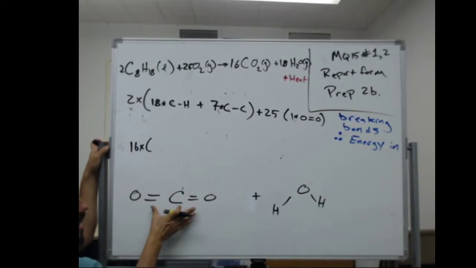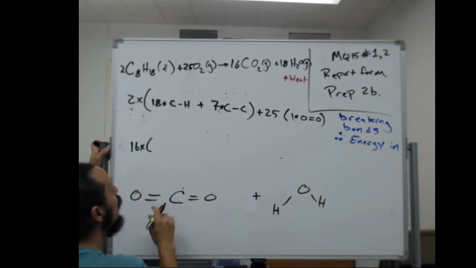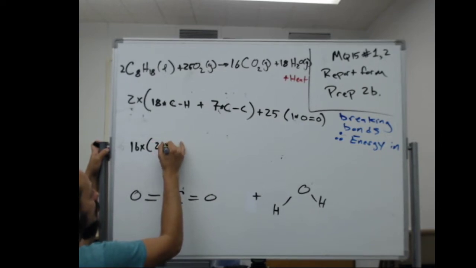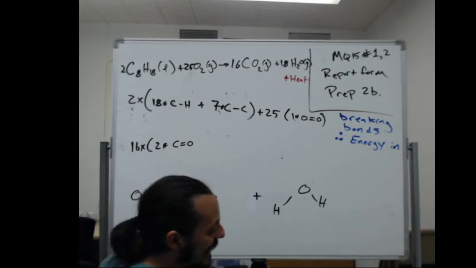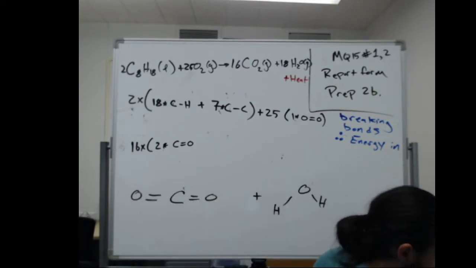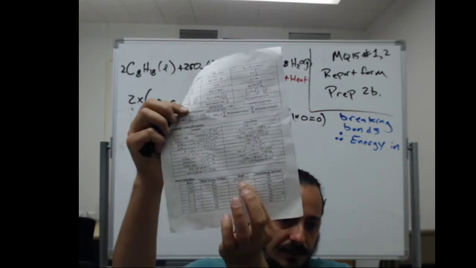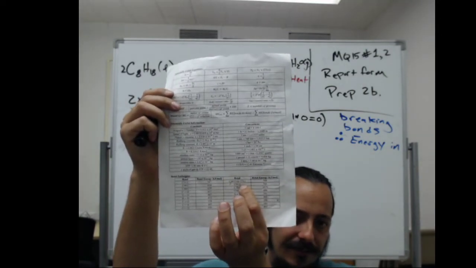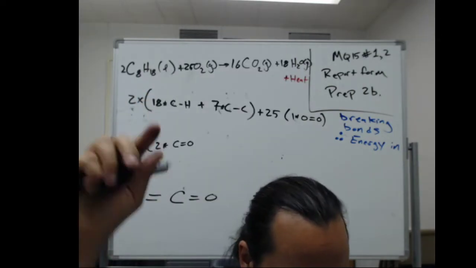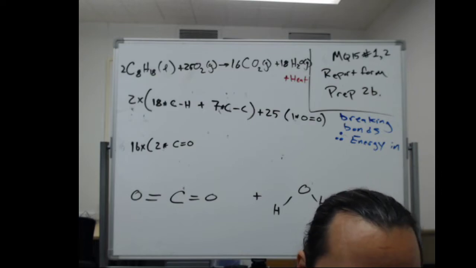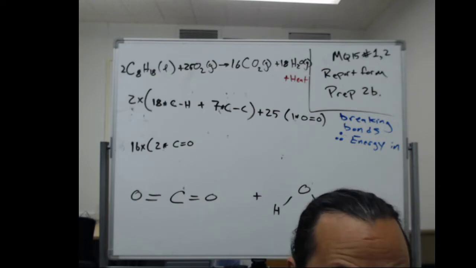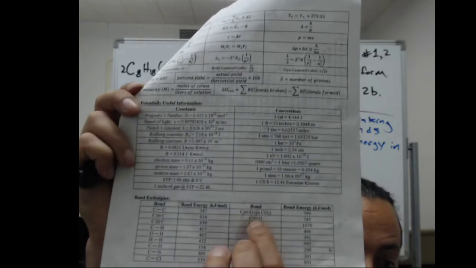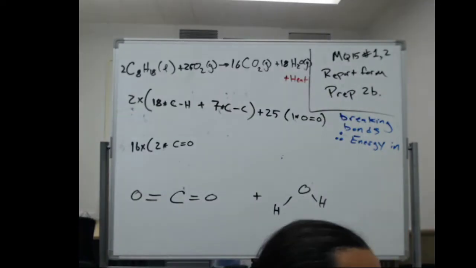And notice for every CO2, I've got 2 carbon-oxygen bonds. So I'm going to have 2 carbon-oxygen bonds. And be careful, your carbon-oxygen double bond is different when it's in CO2 versus organic compounds. So there's 2 different values for carbon-oxygen bonds.